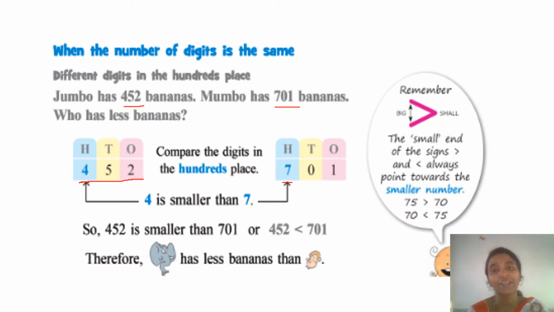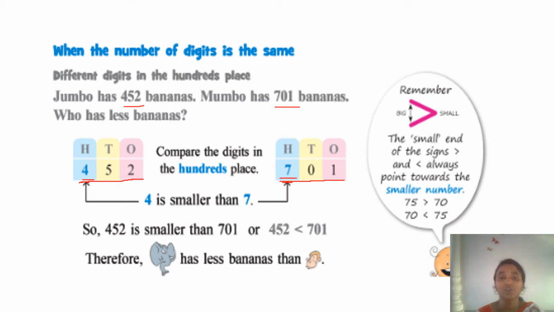And how many bananas does Mumbo have? It is having 701. Now see the digits in hundreds place. One is 4 and one is 7. Which is greater, 4 or 7? 7 is greater. So 701 is the larger number.